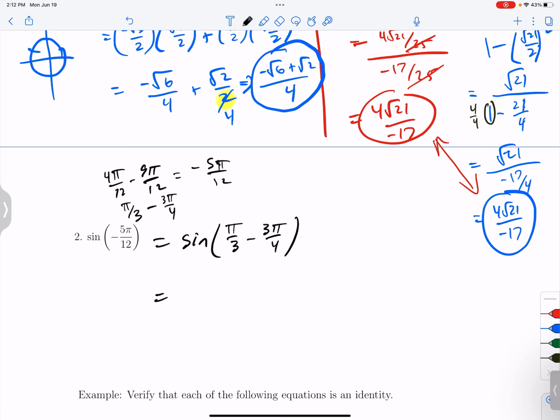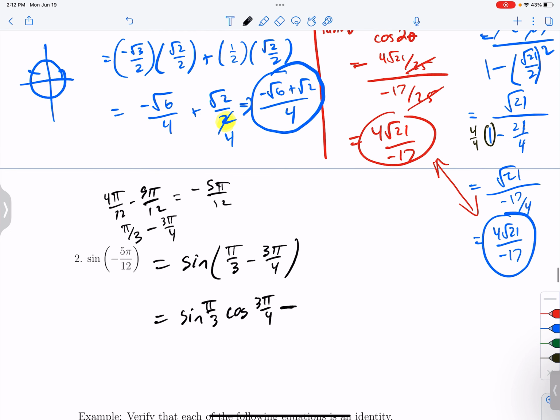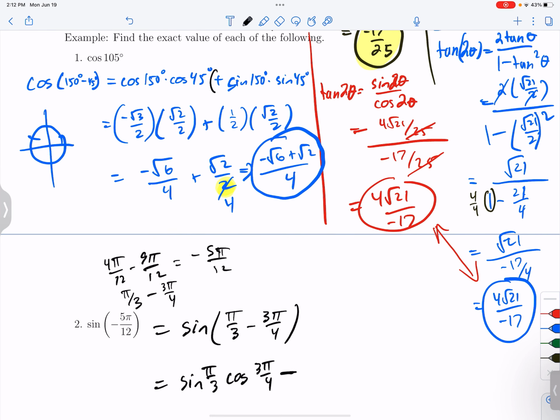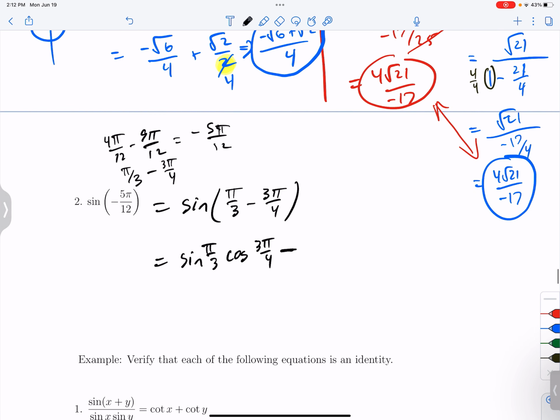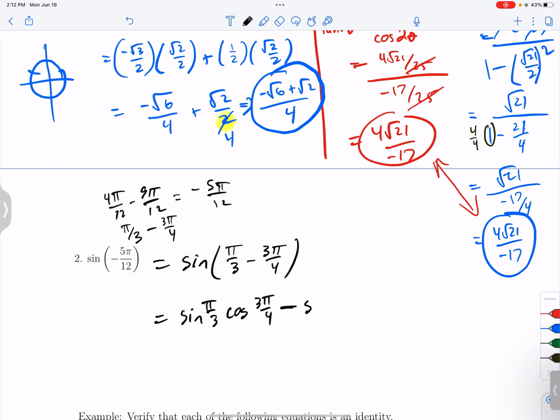So this is sine of the first times cosine of the second, minus, the sine operator stays the same. Up here, for the cosine, the cosine operator flips. So sine operator stays the same, and then this is sine of 3 pi over 4 times cosine of pi over 3. Simplifying these out, sine of pi over 3 is root 3 over 2.